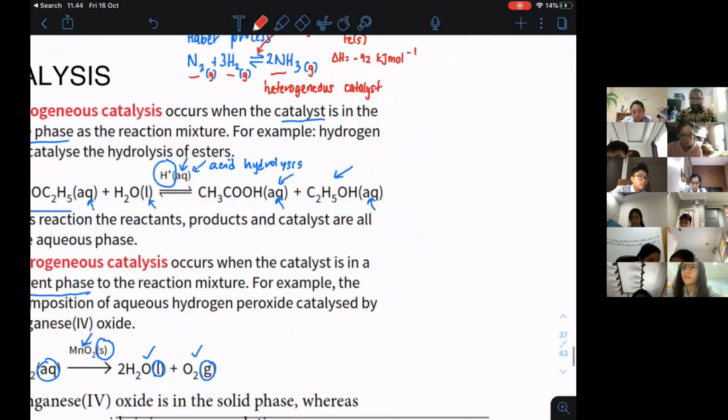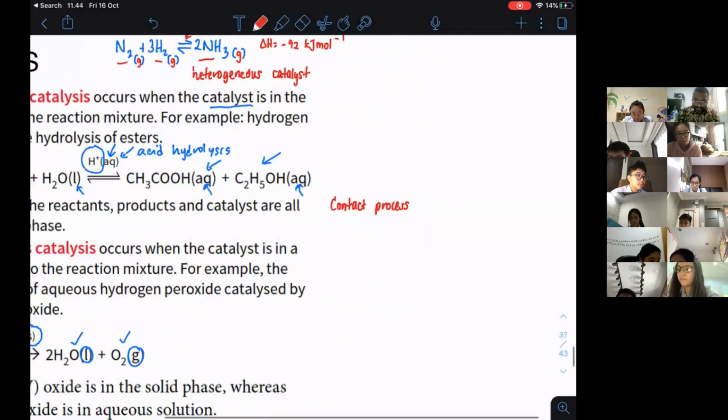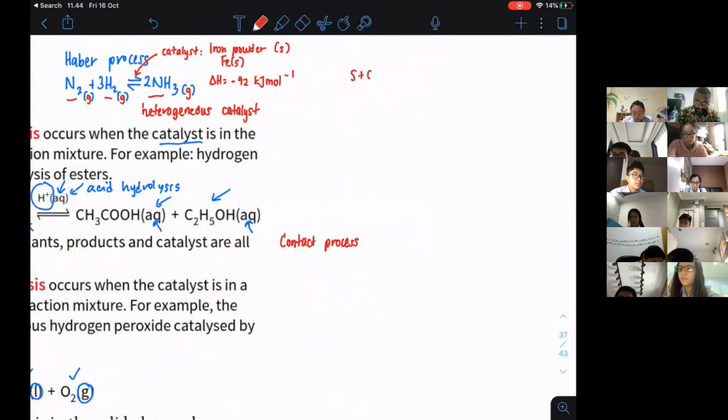I think when it comes to contact process, there are a few reactions, right? For the reactions, I will write down separately first. Sulfur plus oxygen gives me SO2. SO2 plus half O2 is a reversible reaction. It gives me SO3.